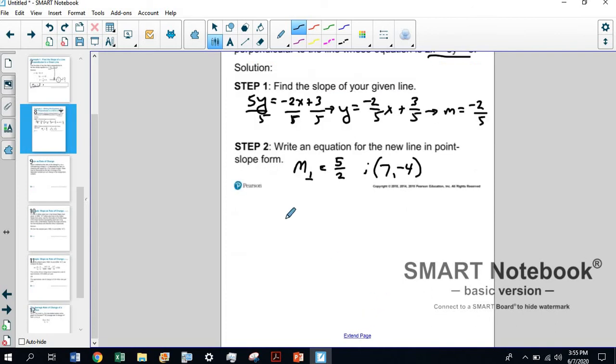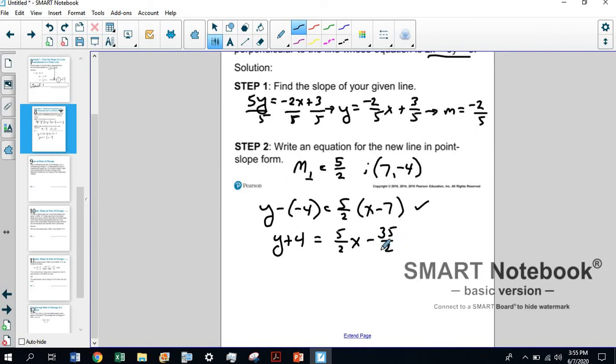And so once again, we're going to do y minus y1 equals m times x minus x1. This is perfectly legit. Of course this is y plus 4 instead. Distribute the 5/2, you get 5/2 x minus 35/2. If we subtract 4 from both sides, remember 4 over 1, this time over 2, that's the same thing as 8 over 2.